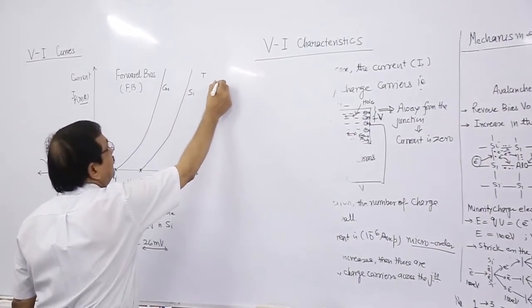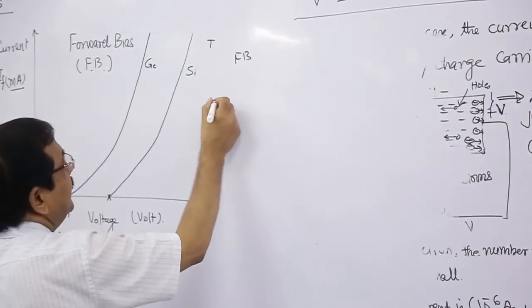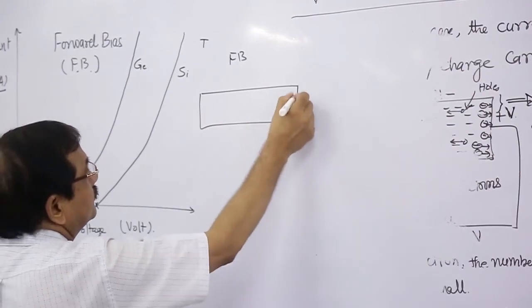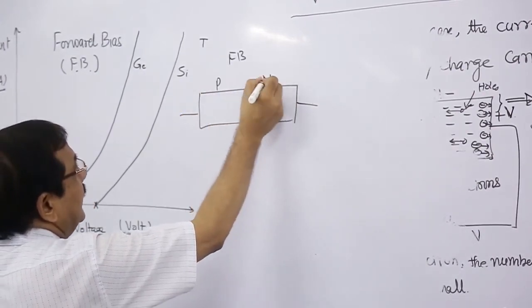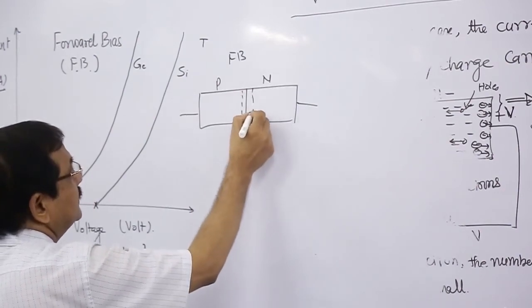In forward bias, this p-n junction, this is p, this is n, this is your CDR region.